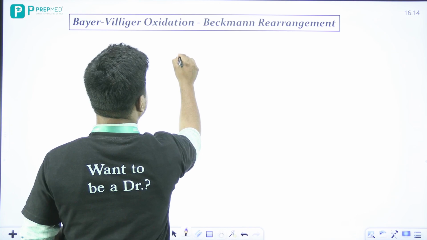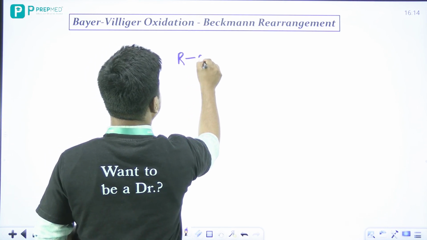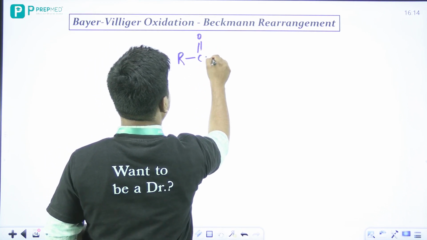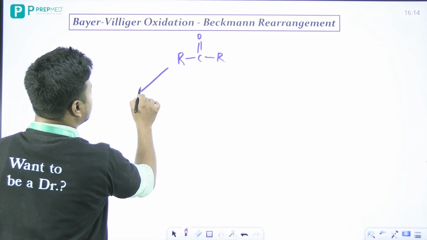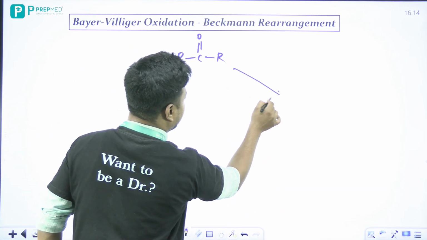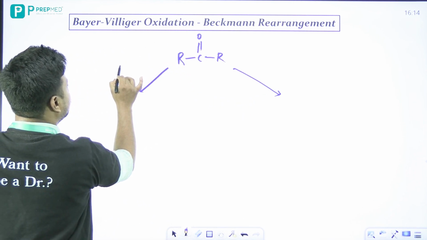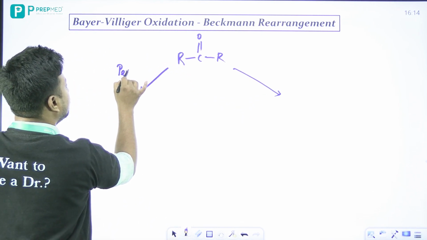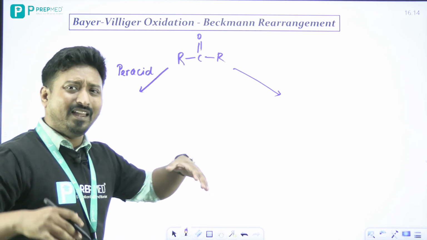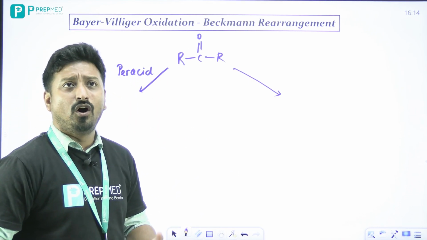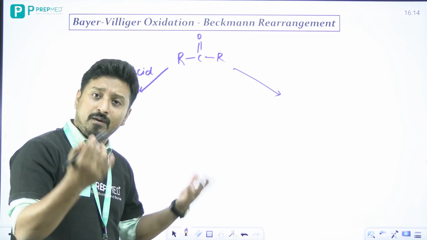You first start with a ketone. Now with this ketone, you use proper reagents. In one case we use a peracid. Let's say we can use MCPBA, or we can use perbenzoic acid also.